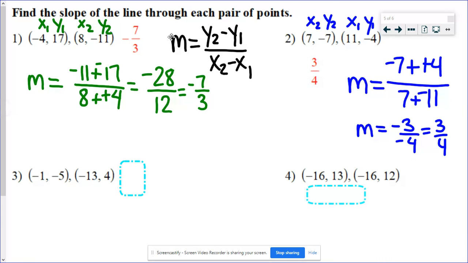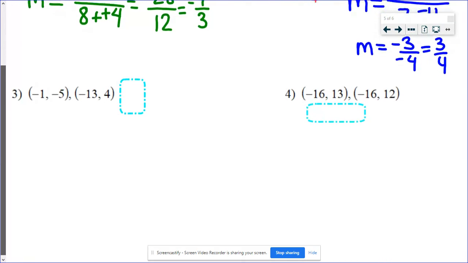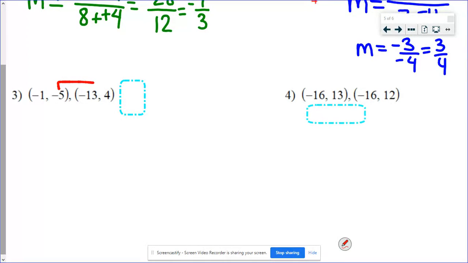For number 3, when I subtract my y's, this time I'm going to do this again like I did yesterday. As long as I keep my y's on the top, x's on the bottom, and keep the same order, it's fine. So I'm going to start with, I guess, this ordered pair.